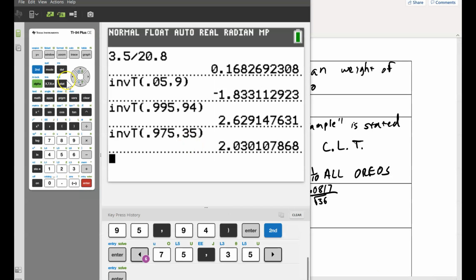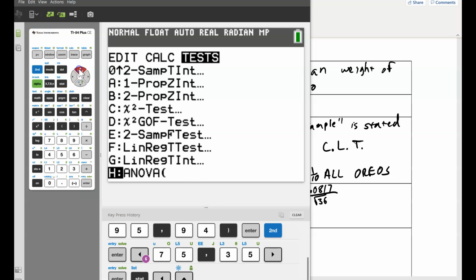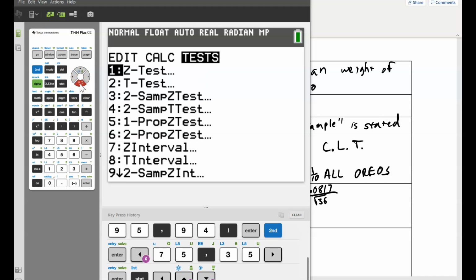Okay? So I fill into the formula, but I'm going to let the calculator do the heavy lifting here. Okay? We're going to go to Stat and to Tests. If you have an NSPIRE, you're going to go right to your confidence intervals. You're going to go to Menu and find Statistics and Confidence Intervals. So what we have here is just a very simple T interval. Anytime you see T interval, we're assuming we're using T for means.